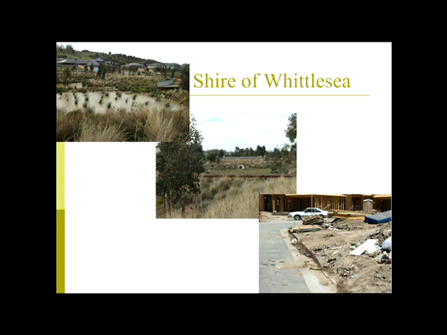And the requirements now for managing stormwater are that stormwater is contained and managed as much as possible within the development area, the area of the urban development. So what the Shire of Whittlesea is doing in some of its higher elevation areas is putting in urban wetlands to receive the stormwater runoff from the surrounding houses, roads, footpaths, roofs, any other structures.